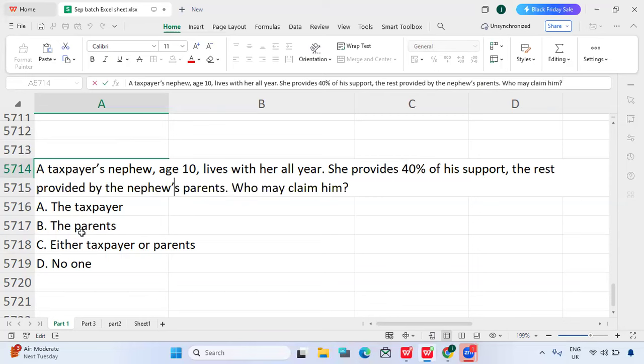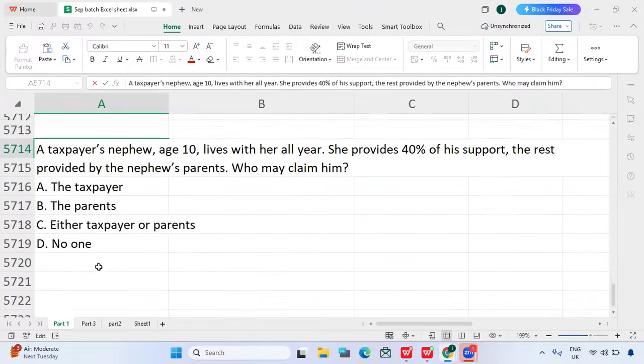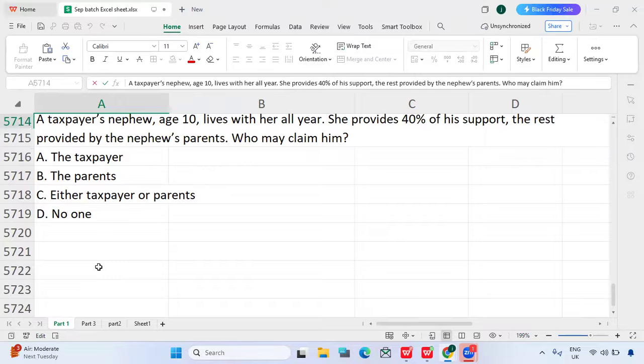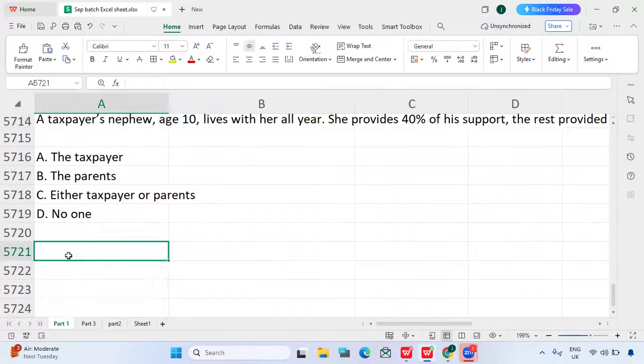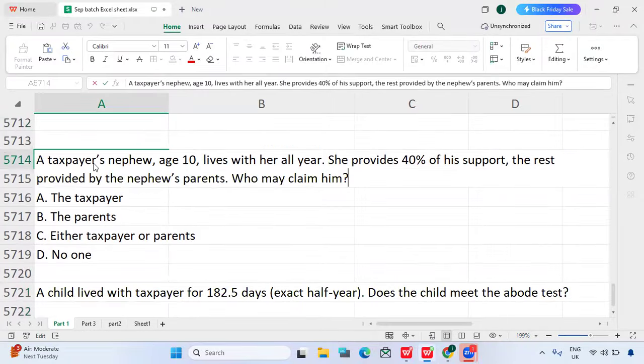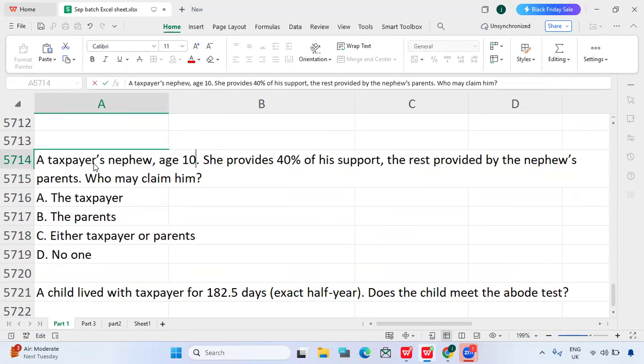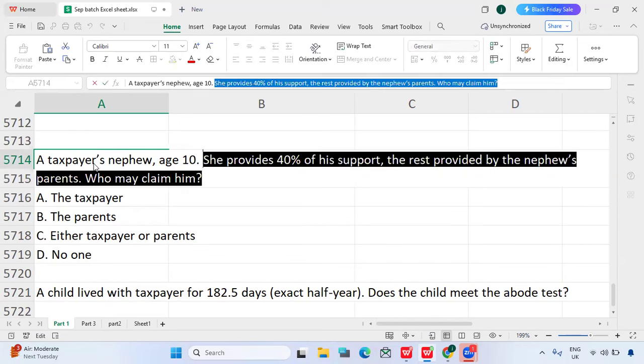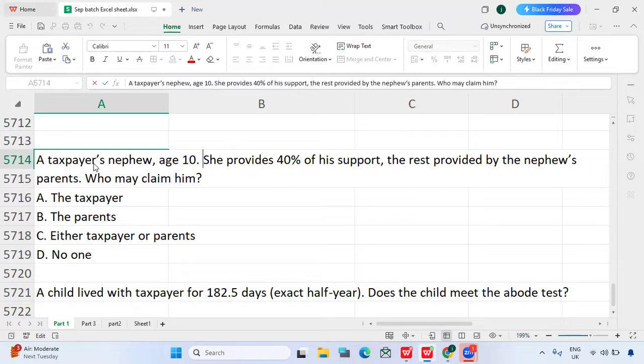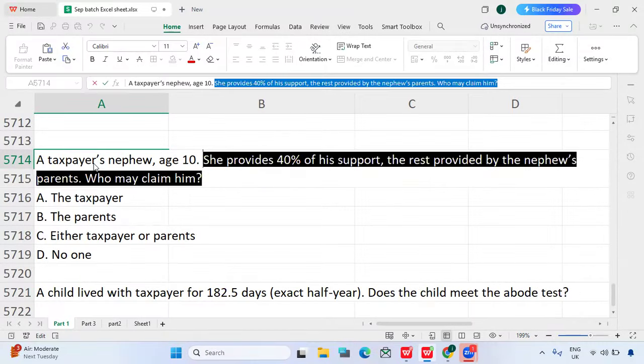Parents can claim, because in parents versus non-parents cases, we usually check for the parent first. So the answer: parent.